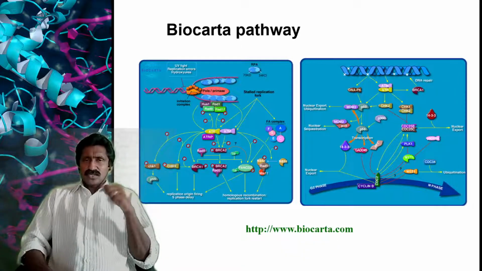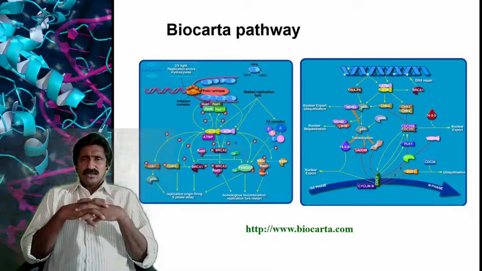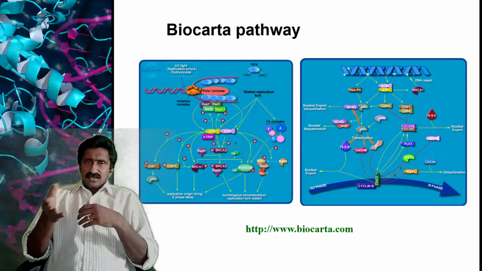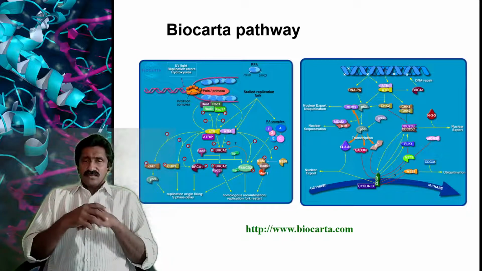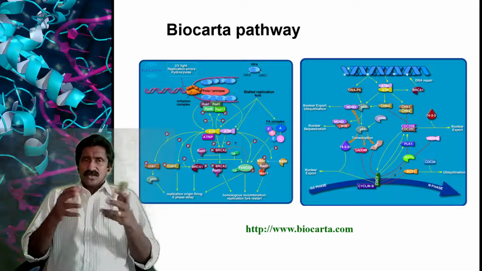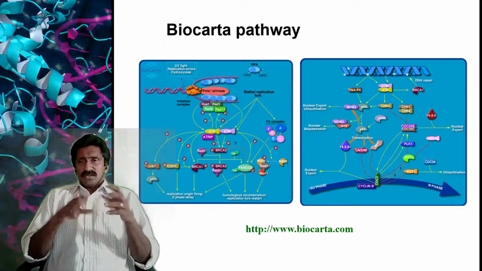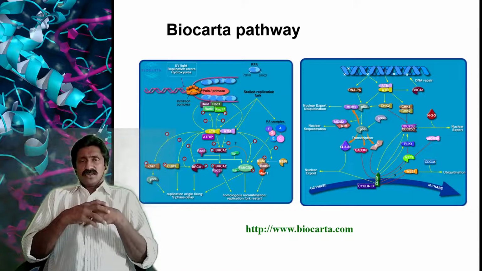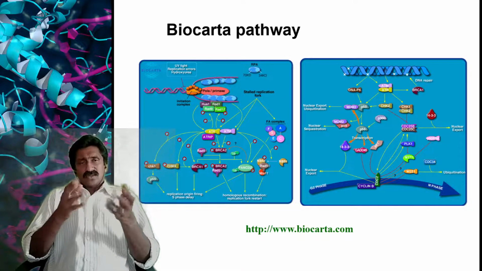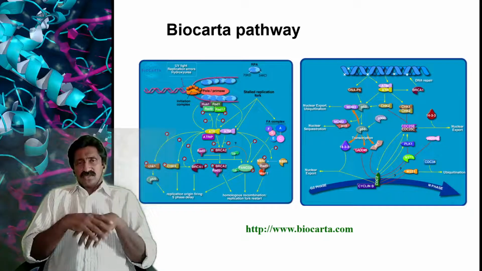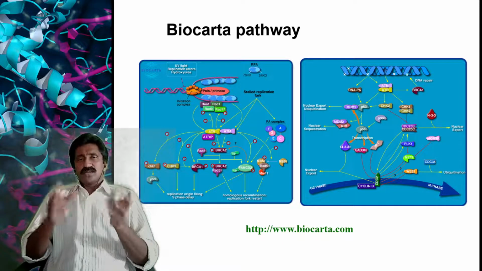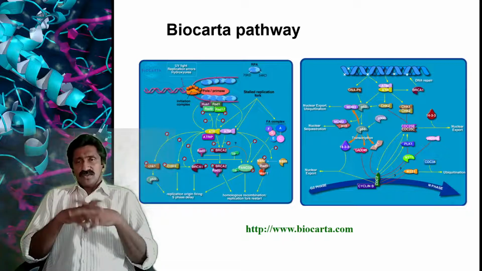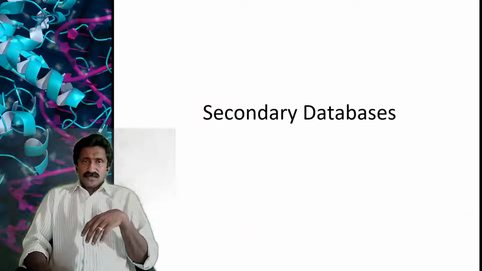There is another tool, BioCarta pathway, which is not a part of KEGG; it's a separate pathway tool available from biocarta.com. They also provide metabolic pathway information. If you have some interesting protein or enzyme, you can give the search name, and if it is included in any of the pathways, that pathway will be listed. You can get a graphical representation of the pathway from BioCarta.